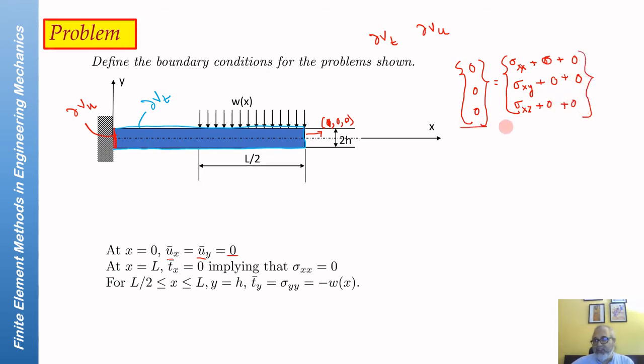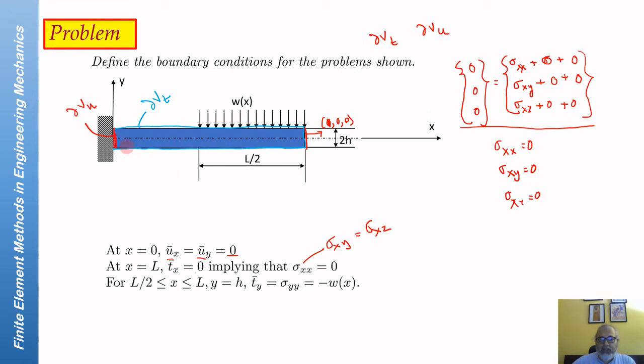This is the application of the Cauchy relation to this surface, and here you can immediately see that sigma xx has to be equal to 0, sigma xy has to be 0, and sigma xz has to be 0. So on x equal to L, Tx bar is equal to 0, implying that sigma xx, sigma xy, sigma xz all are 0 on this surface.